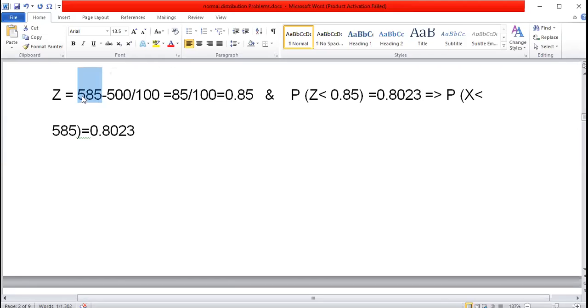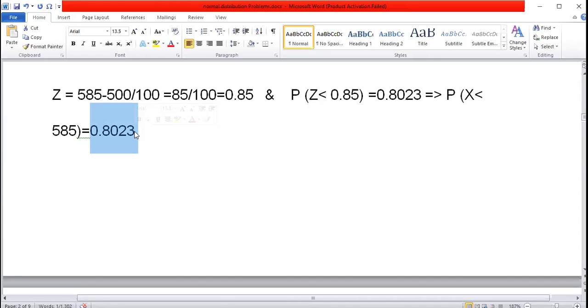We converted that into a Z score, and the probability that Z is less than that score is 0.80, which means the probability that X is less than 585 is 0.80. That means 80% of the people scored less than 585. Is that true? Yes. 80% of the people scored less than John.